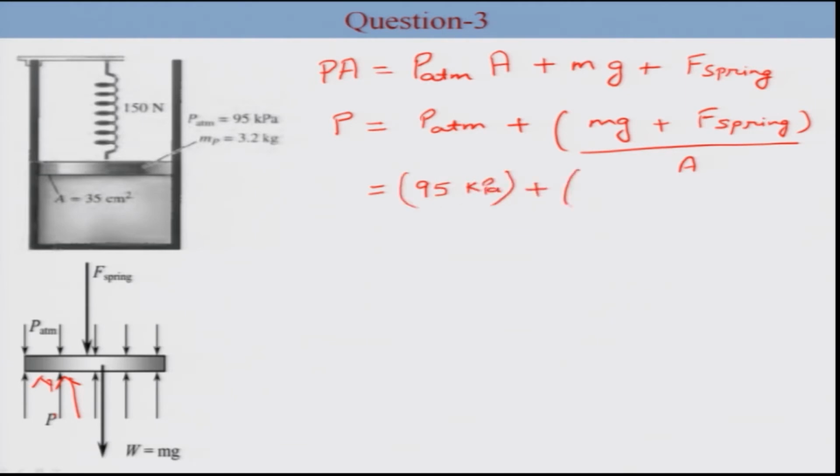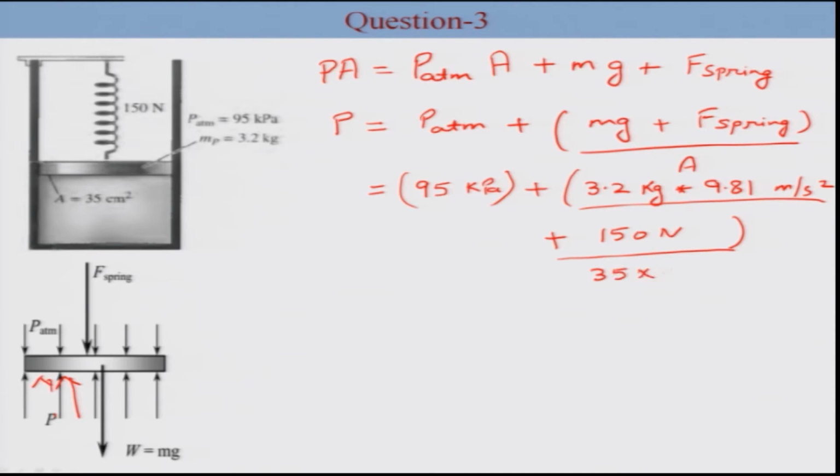plus mass of piston is 3.2 kilograms, g is 9.81 meter per second square, plus the force due to spring is given as 150 Newton, and we divide this entire term by area. Area is 35 centimeter square, so in terms of meter it will be 35 into 10 to the power minus 4 meter square.